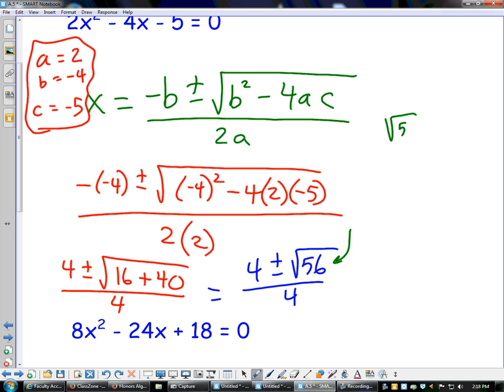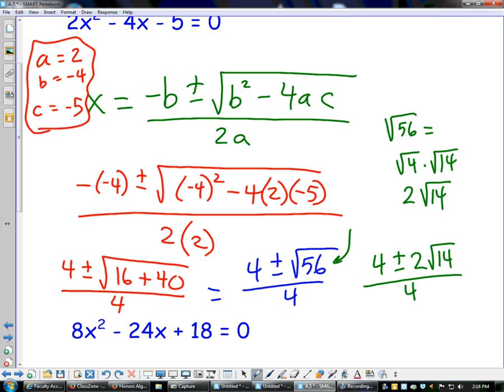Square root of 56 is the square root of 4 times the square root of 14, I believe. And so square root of 4 is 2, so we get 2 times the square root of 14. So right now I've got 4 plus or minus 2 times the square root of 14 all over 4.